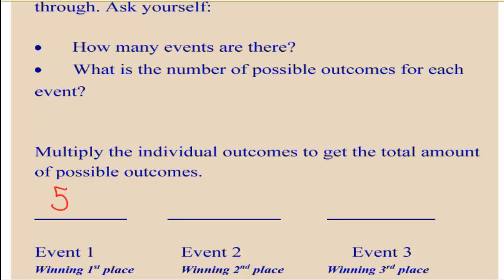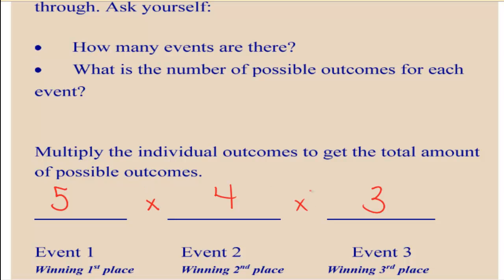Now that somebody has won first place, how many people are left to win second place? 4. Now that somebody has won second place, we have one person that's won first place, one person that's won second place. How many people are left to win third place? 3. We know, according to the fundamental counting principle, that if we multiply the number of outcomes per event for each event, we can get the total number of outcomes.